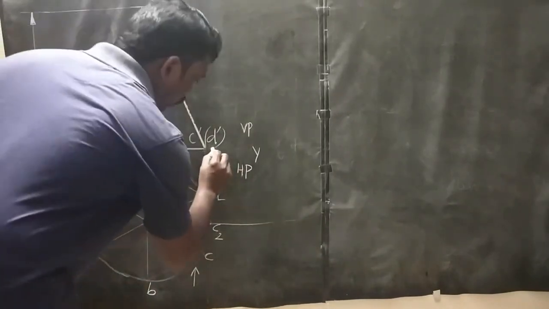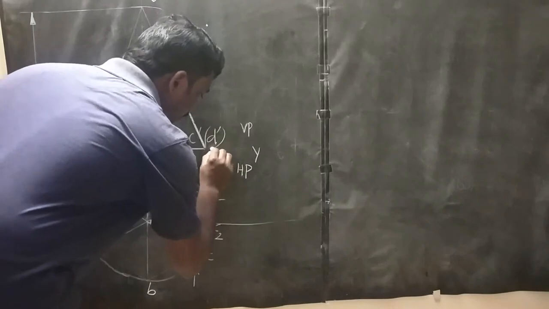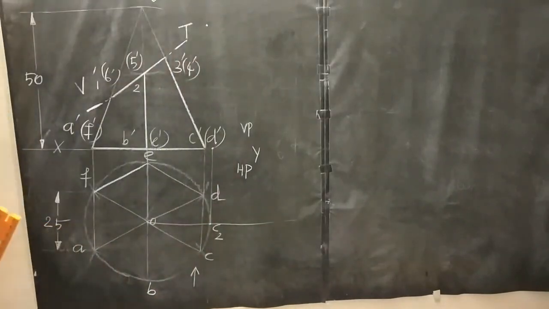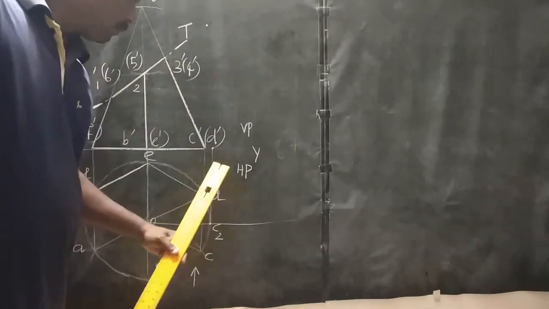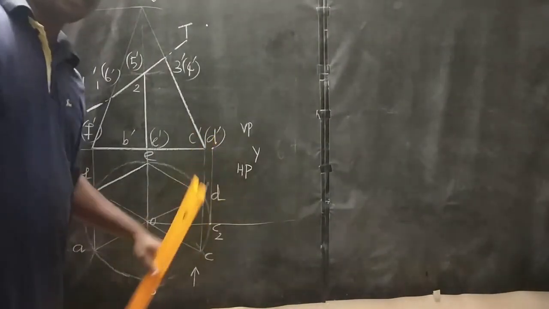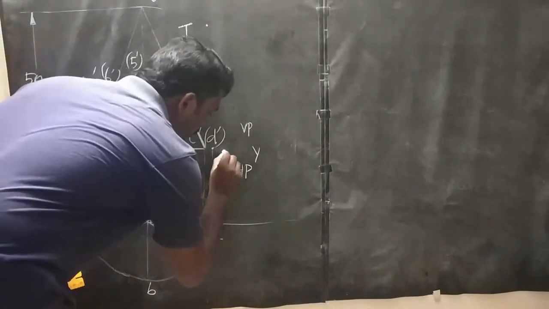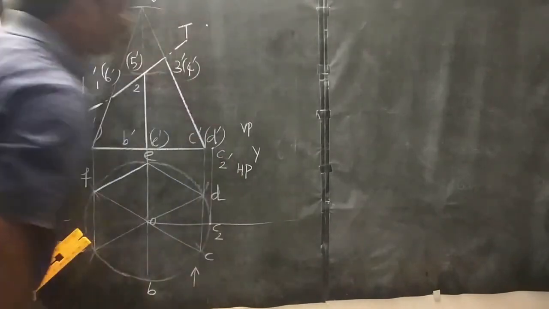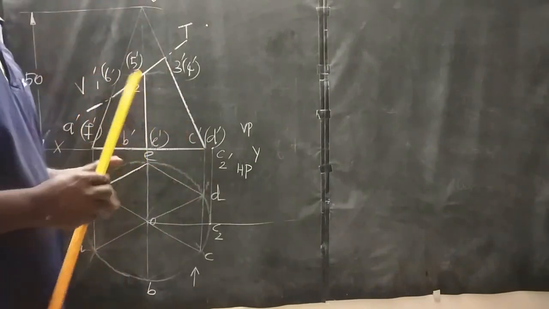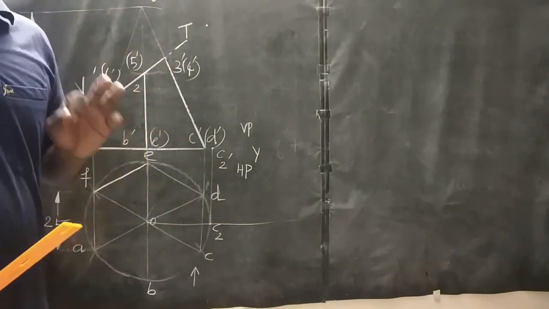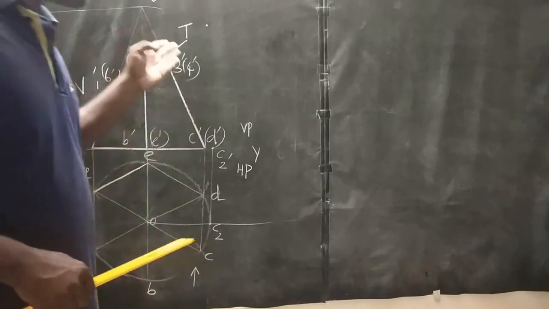The intersection of this projection line with XY, that point called as C2 dash. Then connect C2 dash with O dash by a straight inclined line. That line called as true slant edge length.